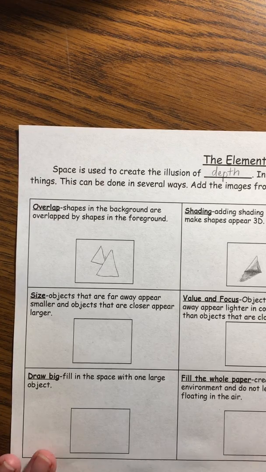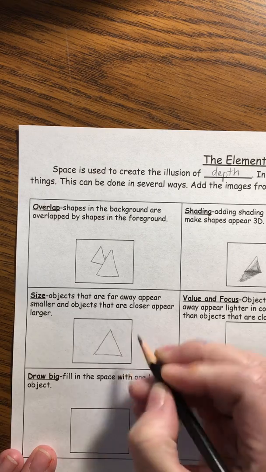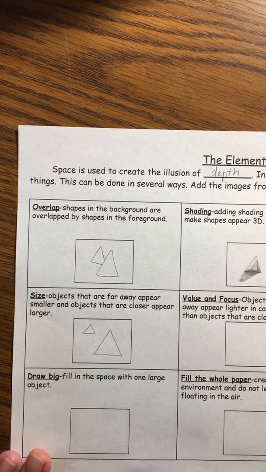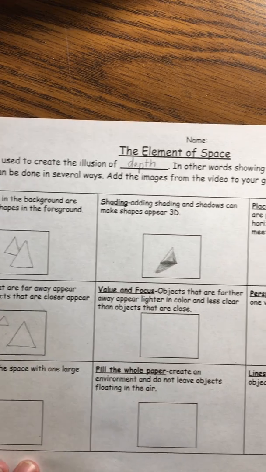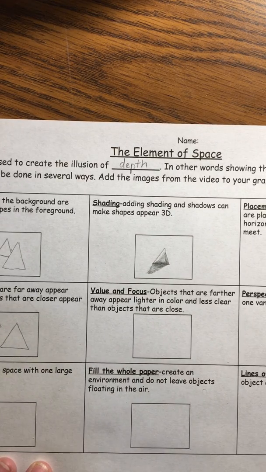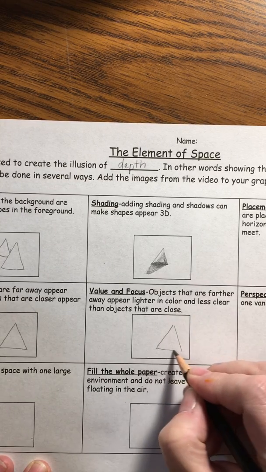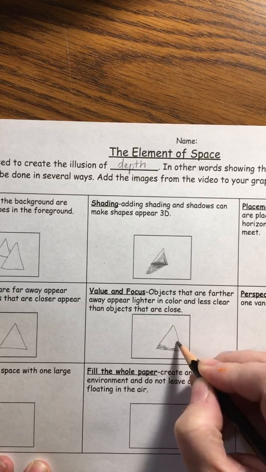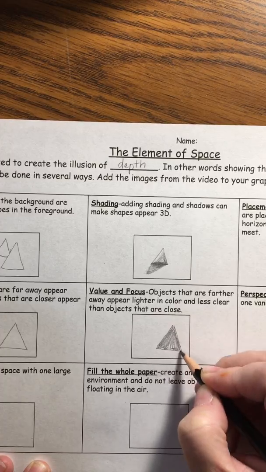Now we're going to go to the next row where it says size. So objects that are closer are larger, and objects in the distance are smaller, or they appear smaller when you're drawing. The next one is value and focus. So objects that are closer are more focused and darker in color because you can see them better.